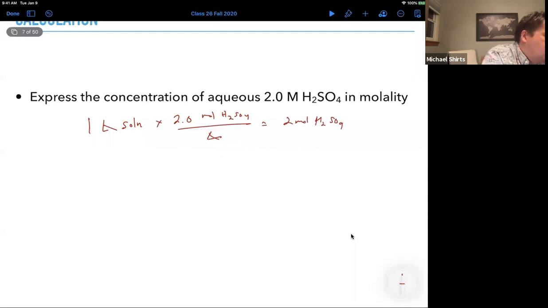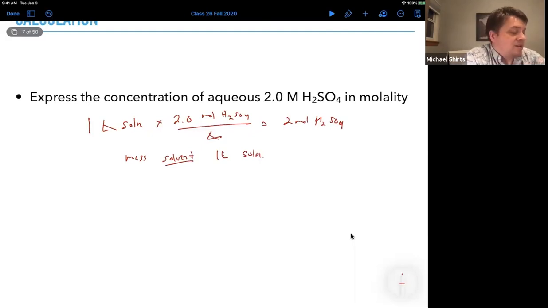So the question is, what is the mass of the solvent in 1 liter of solution? We actually don't have quite enough information to solve this here.